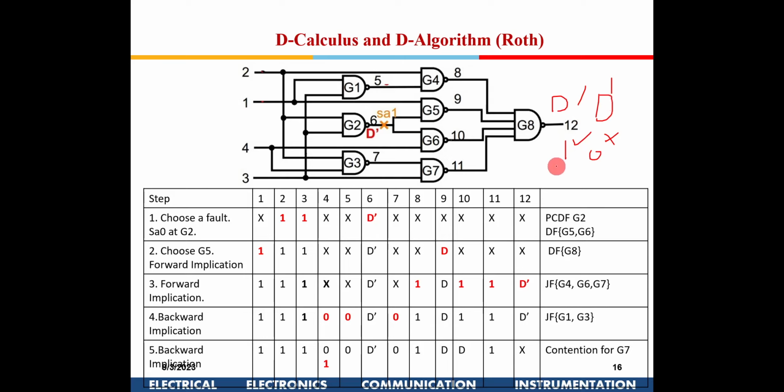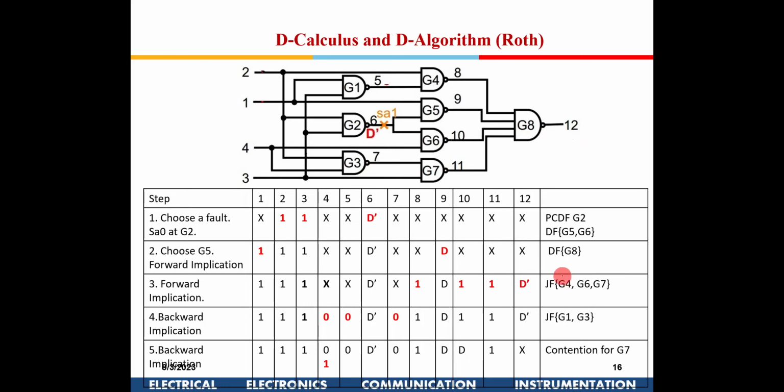D bar indicates that if it is a 0, it is fault-free operation, and if it is 1, there is some fault. So not necessarily do I get a D bar here; I can get D also. Don't get confused with that. Our aim is to push D or D bar to the output. D indicates that if you are detecting 1 it is fault-free operation, and if you are detecting 0 it is a fault. D bar indicates exactly the opposite.